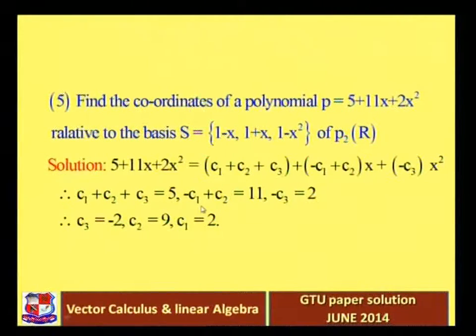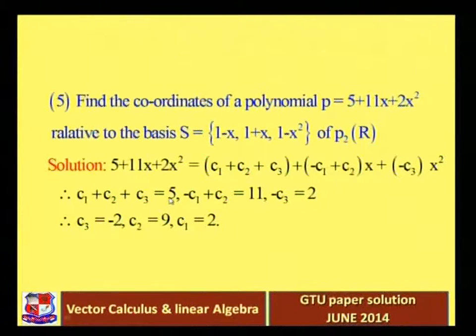Then add those two equations, we get 2c2 is equal to 4, right? So finally we get c2 is equal to 9. Okay, minus c3 is equal to 2, so c3 is equal to minus 2. Put c3 equal to minus 2 here, so we get c1 plus c2 is equal to 7, correct?